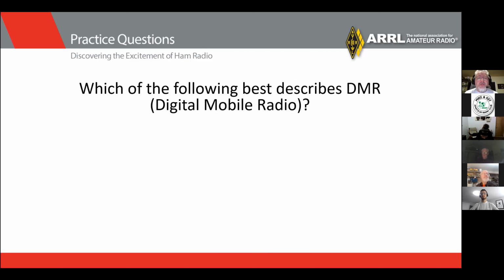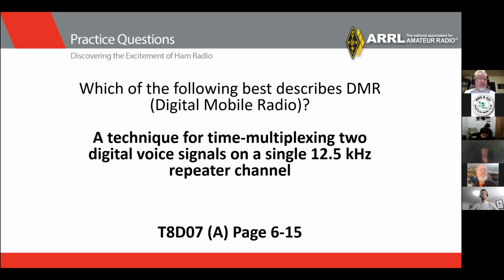Which of the following best describes DMR, or digital mobile radio? That's a technique for time multiplexing two digital voice signals on a single 12.5 kilohertz repeater channel.